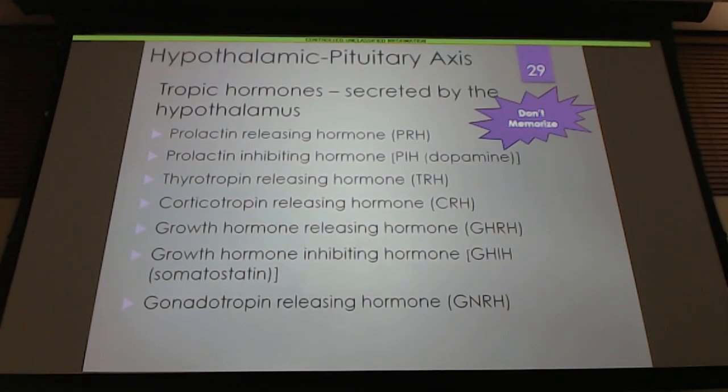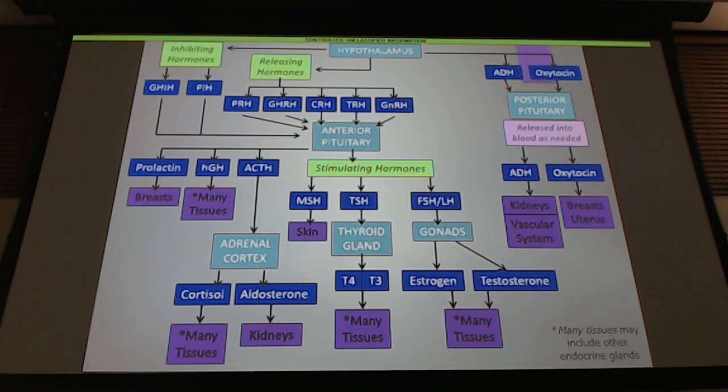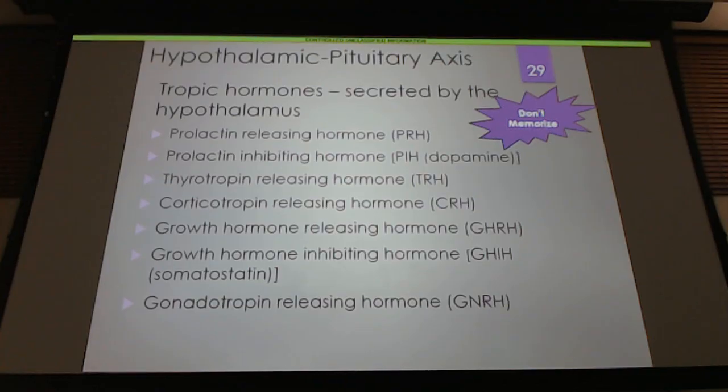Regarding the hypothalamus hormones here at the top, right? We have their releasing and inhibiting. I don't talk about these that much. I just need you guys to understand that again, the hypothalamus is that control center, helping control the anterior pituitary's response with hormone synthesis and release. Okay, and luckily, the names tell you exactly what they're doing, right?